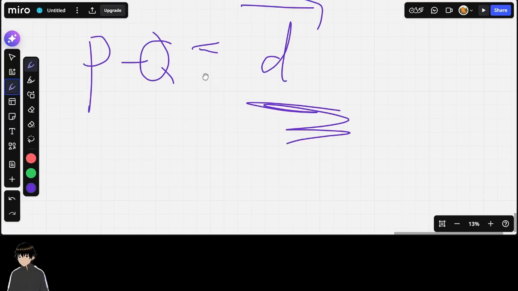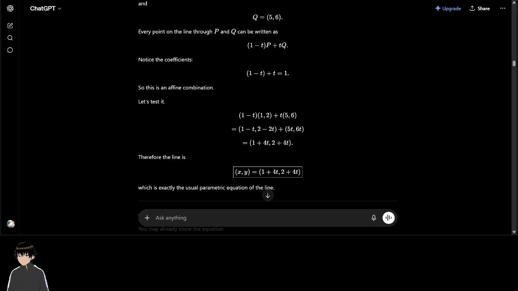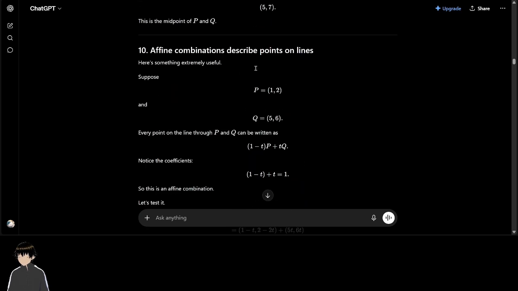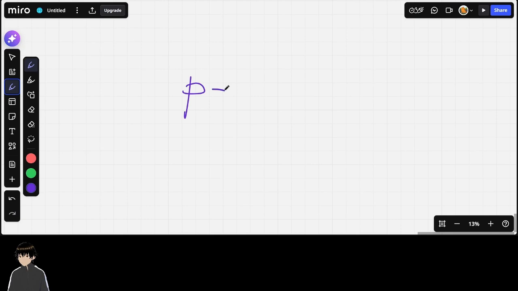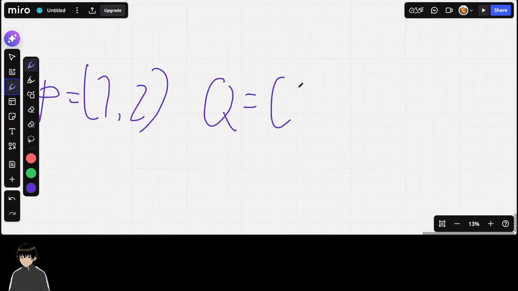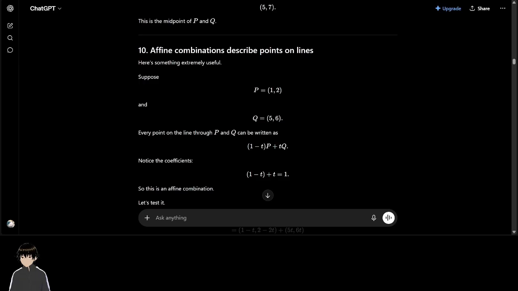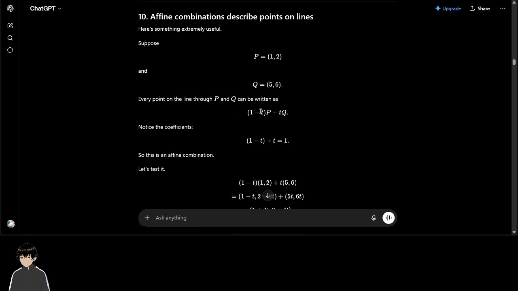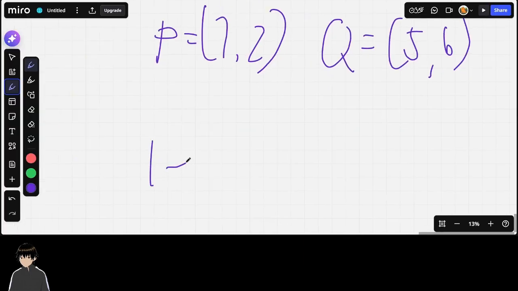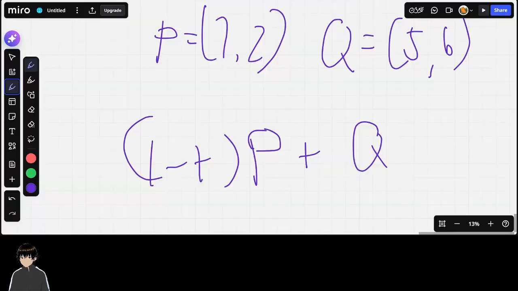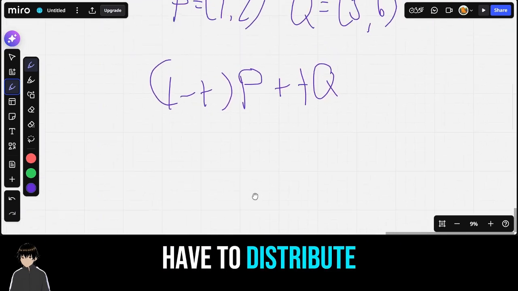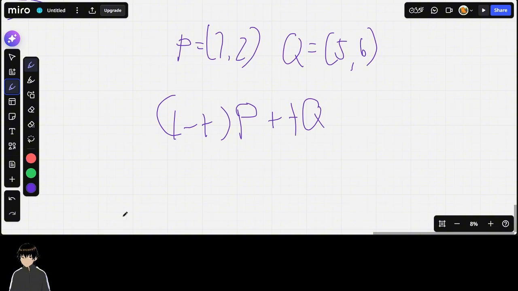Let's say... so we just have to distribute and substitute. 1 times 1, that's positive 1.